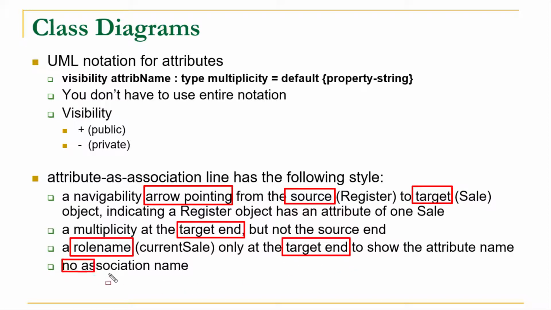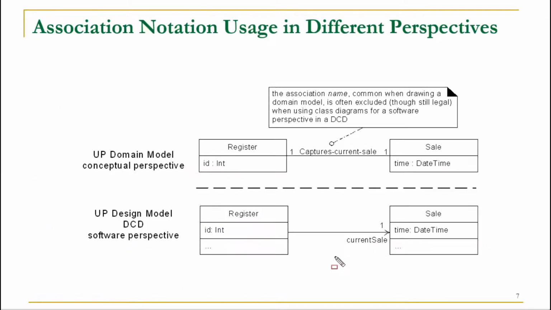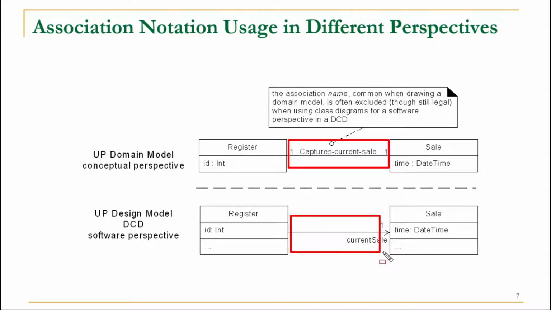And finally, you should not name the association. So guys, here you must notice that in contrast to the domain model where we used to use the association name, here in the class diagram we are not using any association name, and in addition we are having an arrowhead here for the association direction along with the multiplicity and the association attribute name.